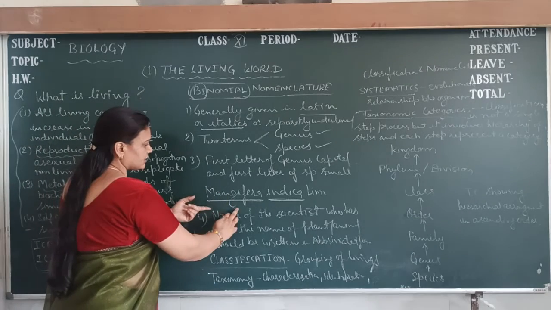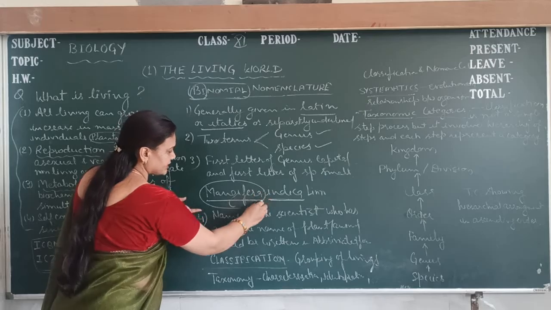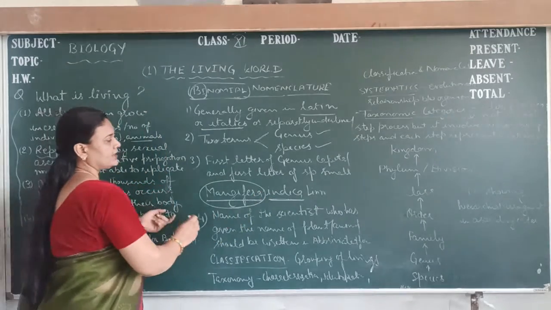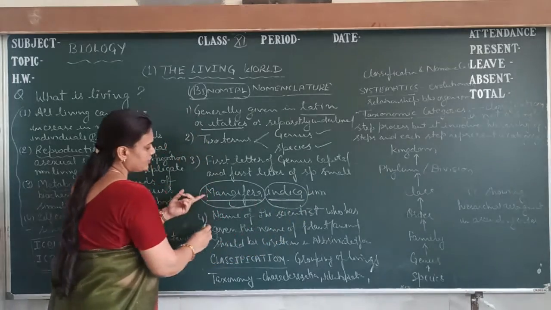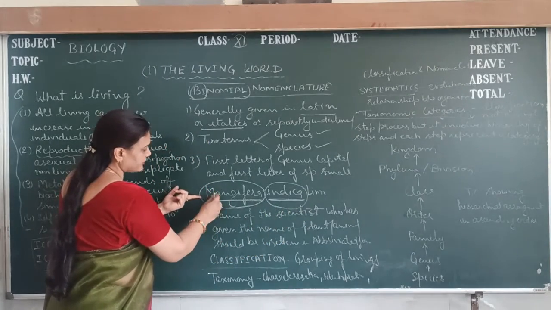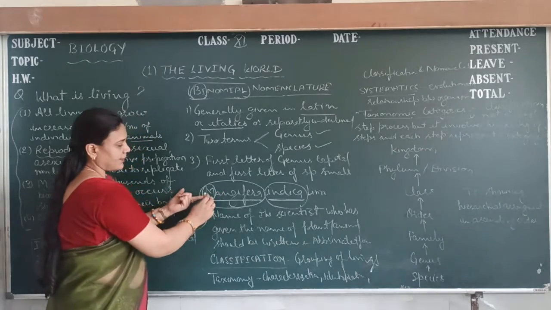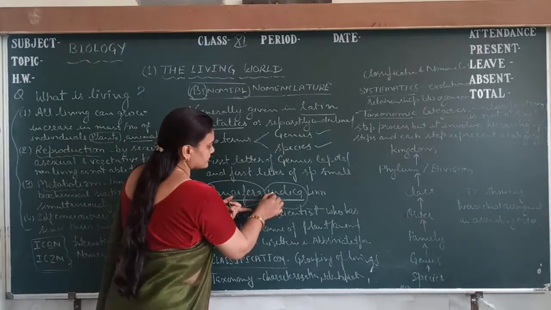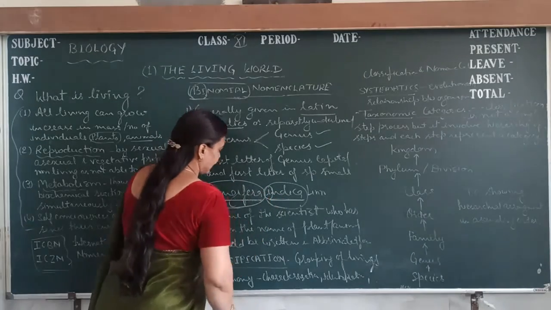The first term, Mangifera, represents the genus and indica represents the species. You can see the first letter of Mangifera, that is M, is written in capital, and the first letter of species, indica, is written in small.